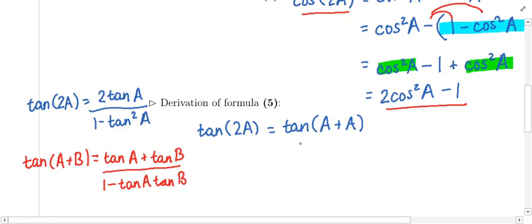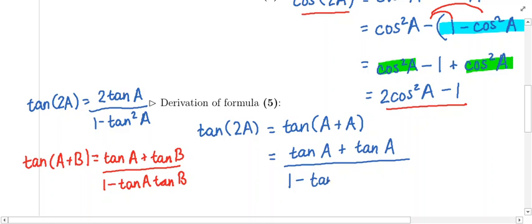Instead of A and B being the arguments, we're just going to have both arguments be A. So tangent of A plus A is going to turn into the tangent of A plus the tangent of A over 1 minus the tangent of A times the tangent of A.